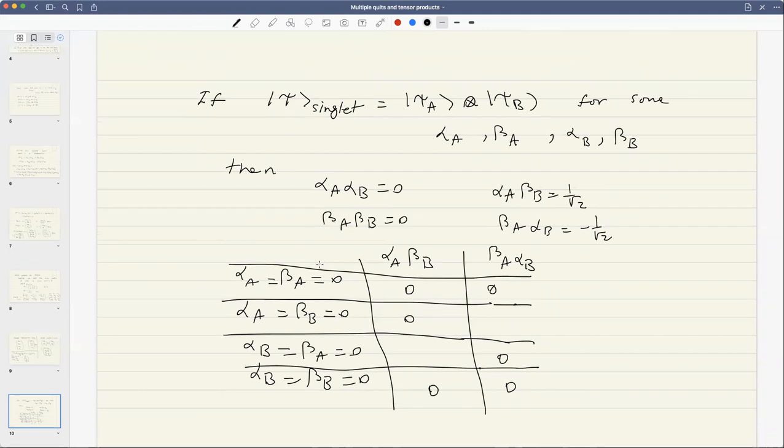So in next lectures, we'll talk more about entanglement, how we can identify it when we're given a particular state, what are some measures. So there are some mathematical tools and tricks to immediately identify whether a state is entangled or not. All right, this is a good place to stop.